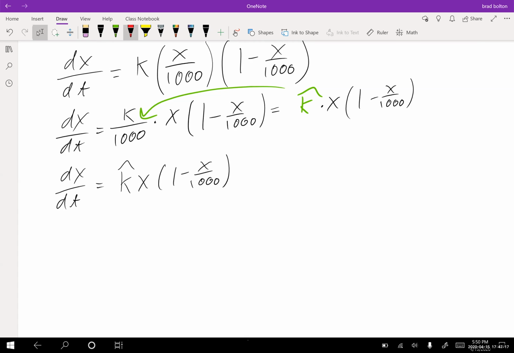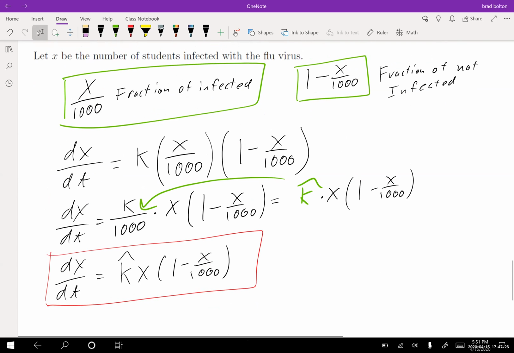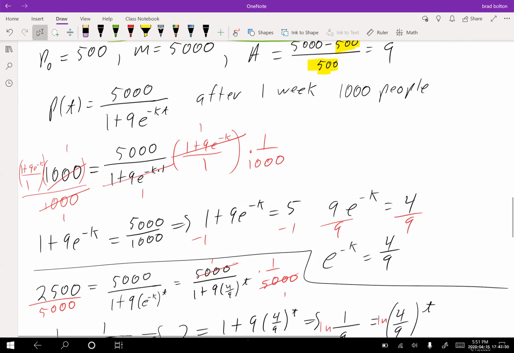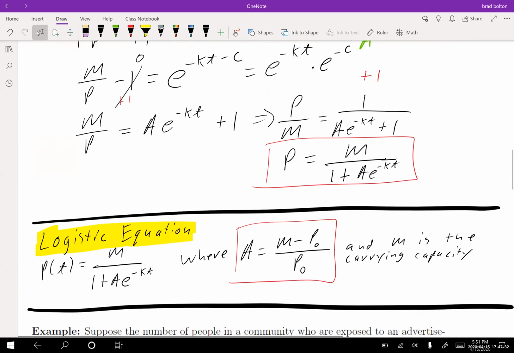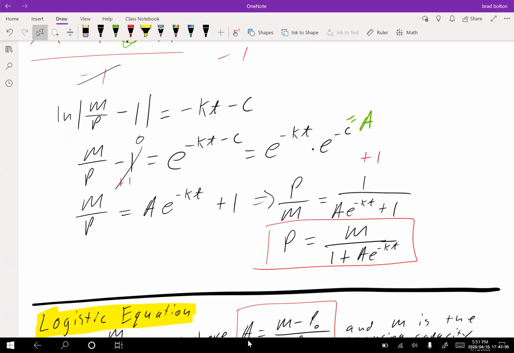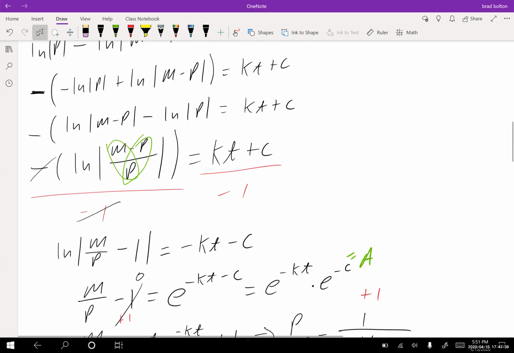Oh, so what is this right here, by the way? What is this formula right here? Well, let's look back. This is a constant times X times 1 minus X over 1,000. So if we come over here, we just look back. Where did I find it?